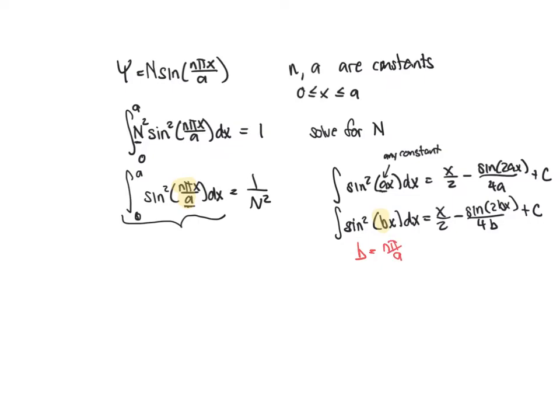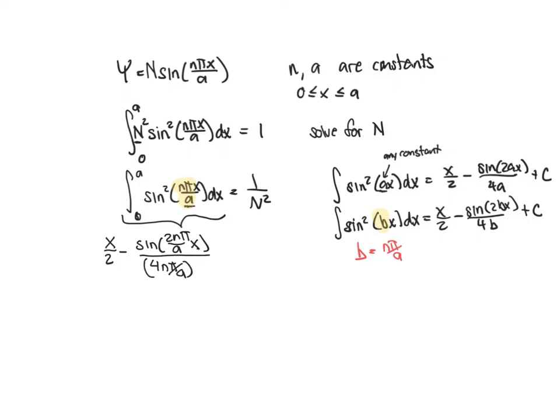Okay, so that means that the solution to this integral is x over 2 minus sine of 2 times n pi over a times x, divided by 4b, but b is n pi over a, so 4n pi divided by a.